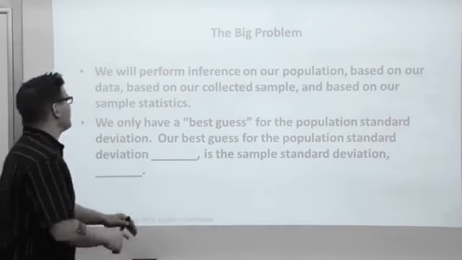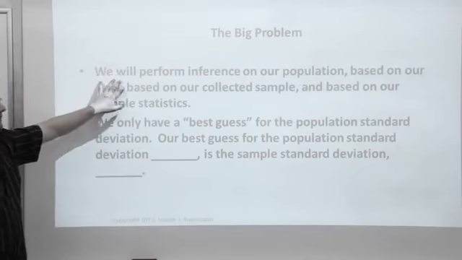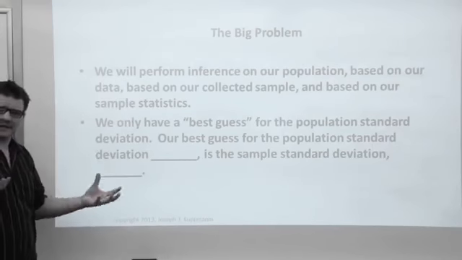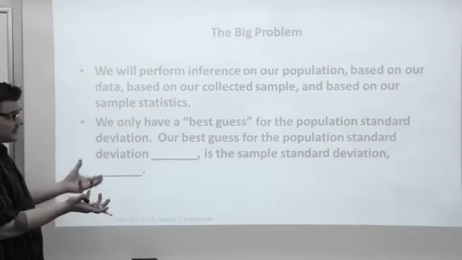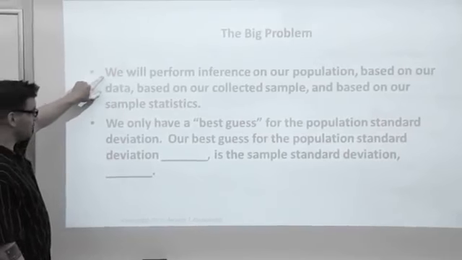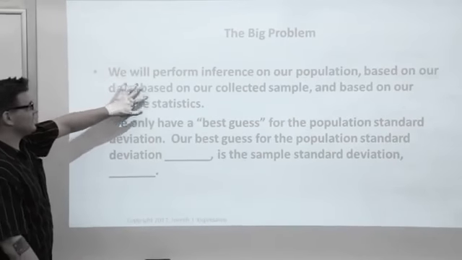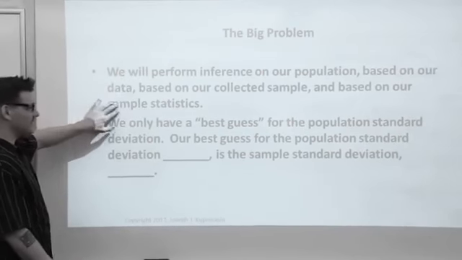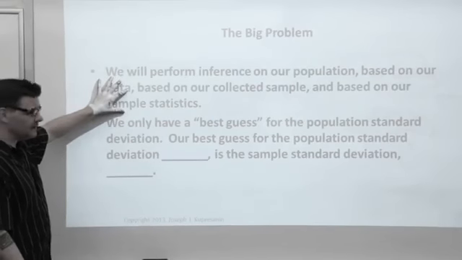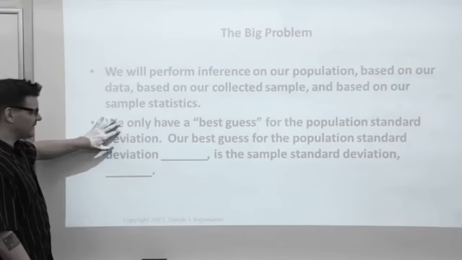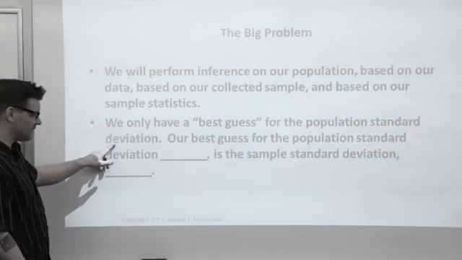The big problem. We're going to perform inference on our population, right? When we do a hypothesis test, we're testing for a population parameter, like a mean or a proportion, based on our data, our collected sample, and our sample statistics. We only have a best guess for the population standard deviation.